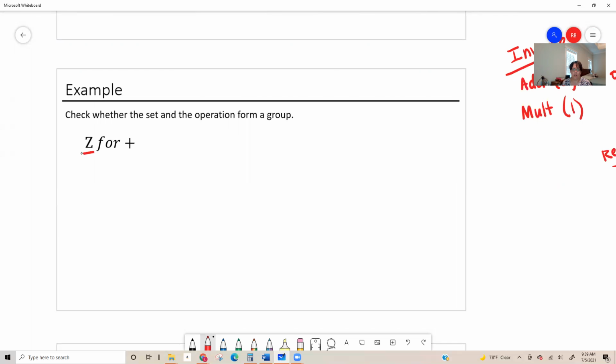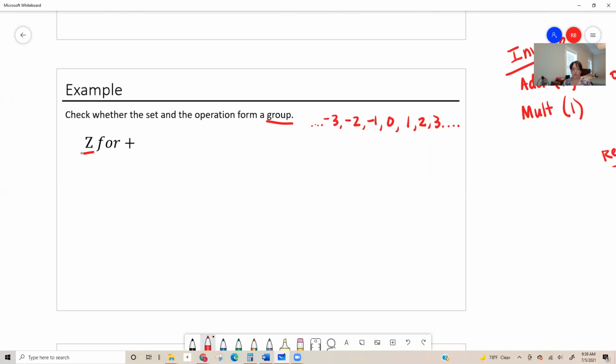And remember, our integers, again, are going to be like the negative counting numbers, 0, and then all of the positive counting numbers. Okay. So they want to know whether the set and the operation form a group.